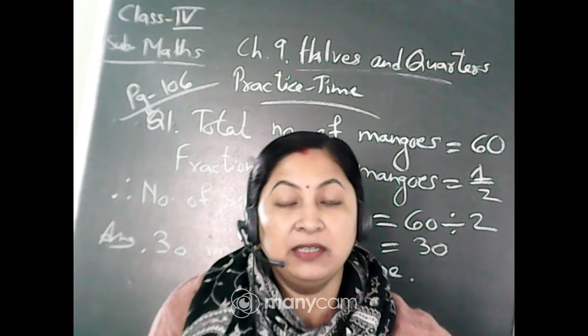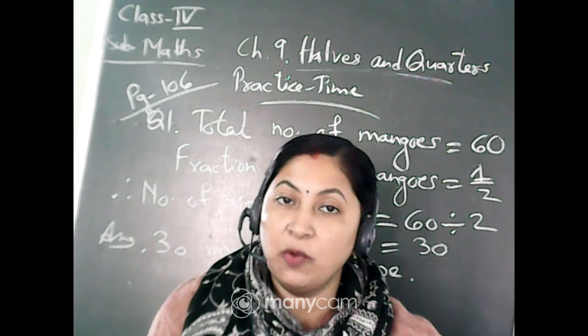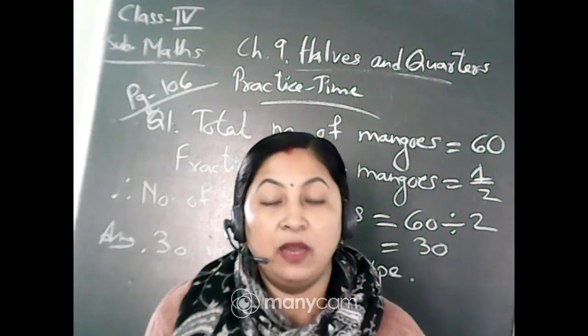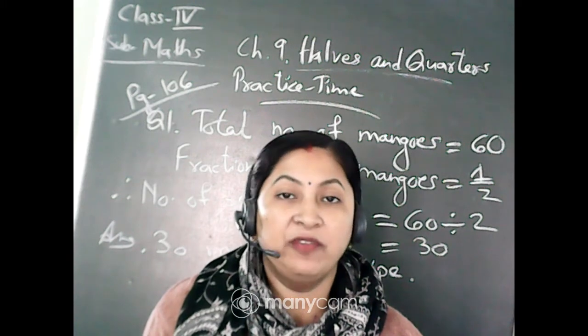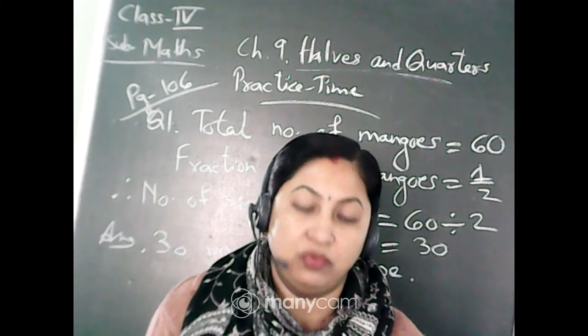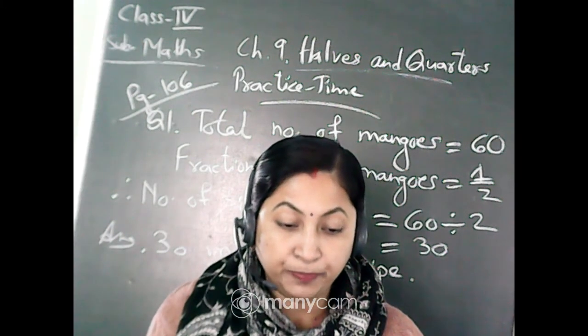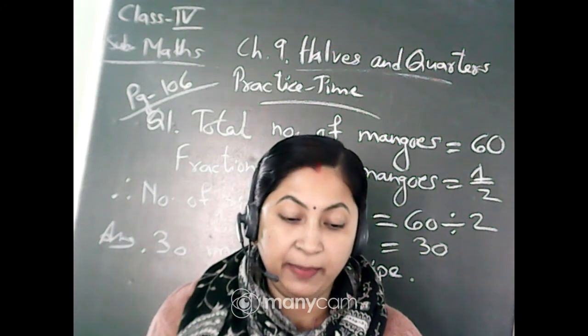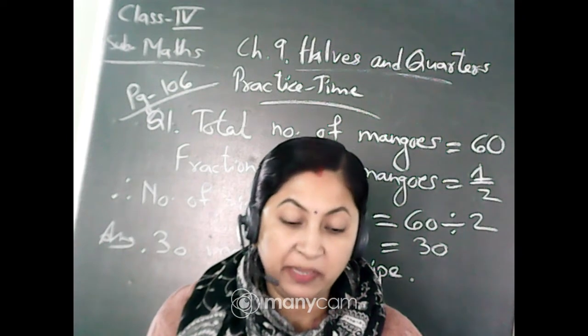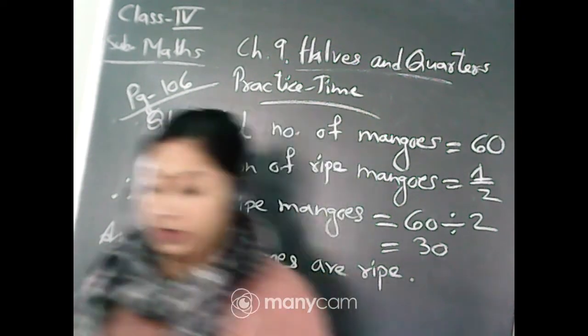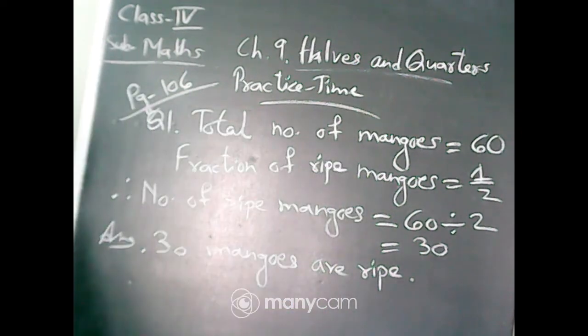You have to find out the whole number of the boys, not the fraction. So it will be 32 divided by 2, because half is given. That means it is 16. Okay. So write the statement for question number 2.